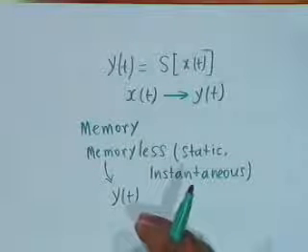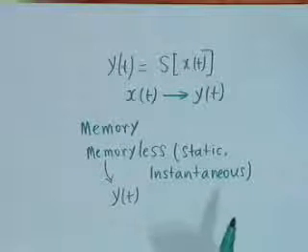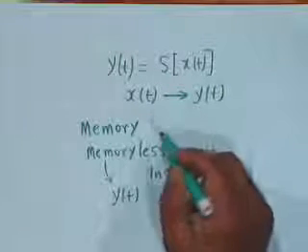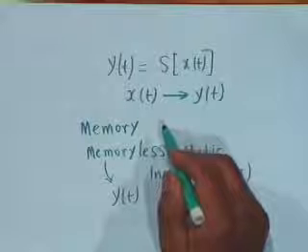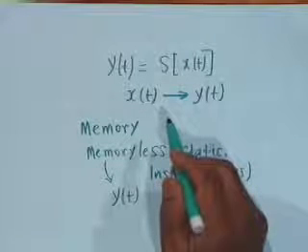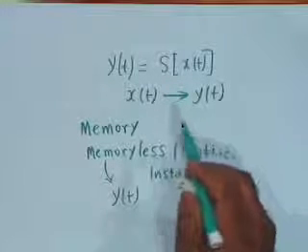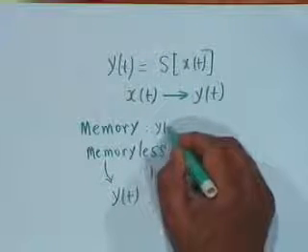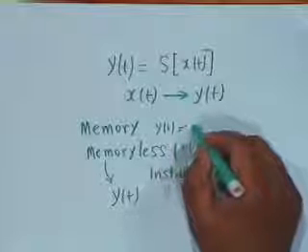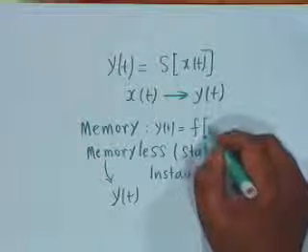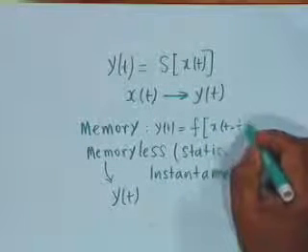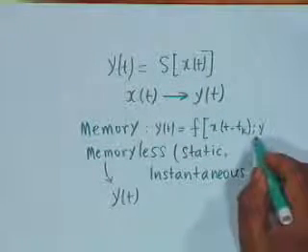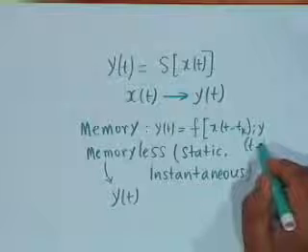If y of t depends only on x of t, then it is called a memory-less system, whereas a memory system is one where the output depends on what the past inputs were, perhaps some past outputs also. That is, y of t is some function of x of t minus tk, and also perhaps y of t minus tL.